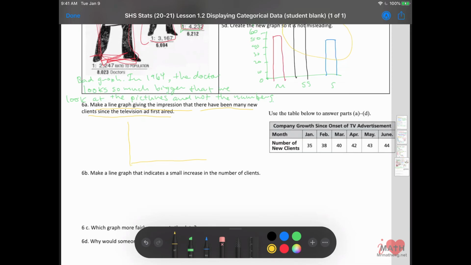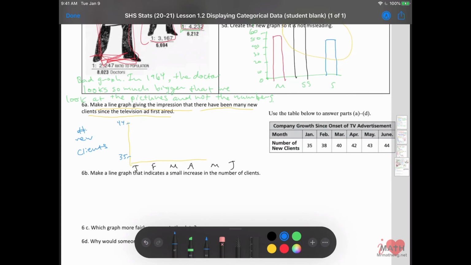Let's just say some of you guys are going into business, and you really want to show that there are so many more people, right? So maybe you have 44 up here, and maybe you have 35, and then you have January, February, March, April, May, and June.